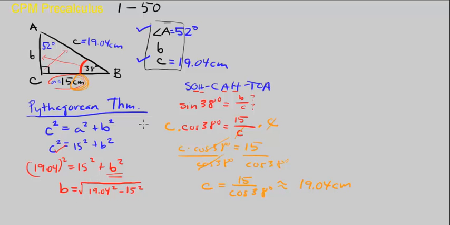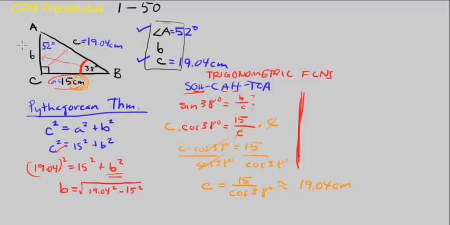Before I finish that one, I'm going to show you how you could solve for B using our trigonometric functions. That's just our sine, cosine, and tangent. To find side B, let's use a different reference angle.